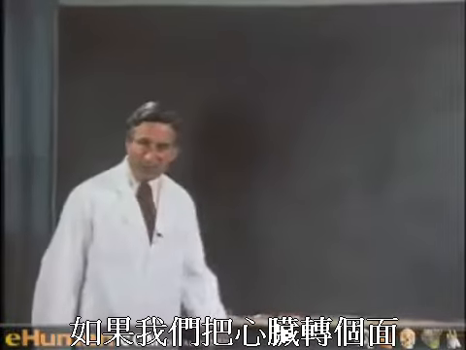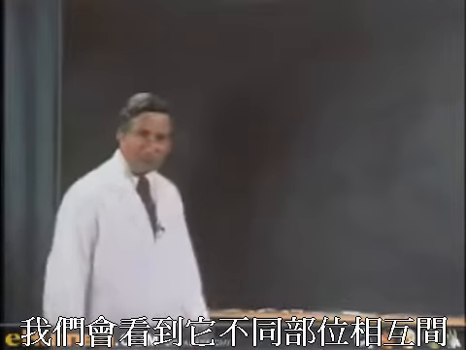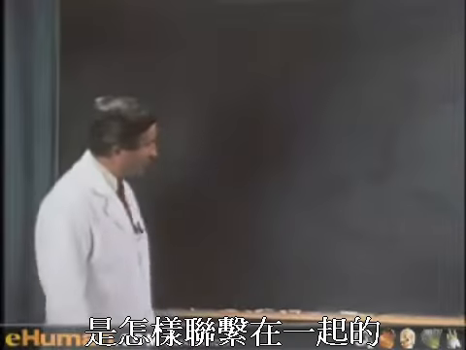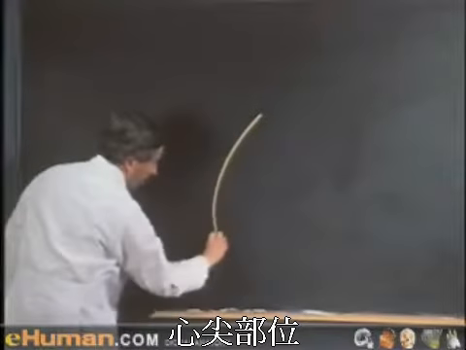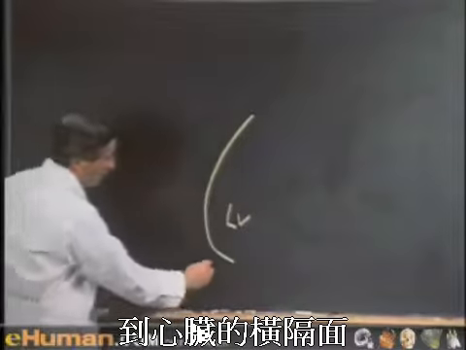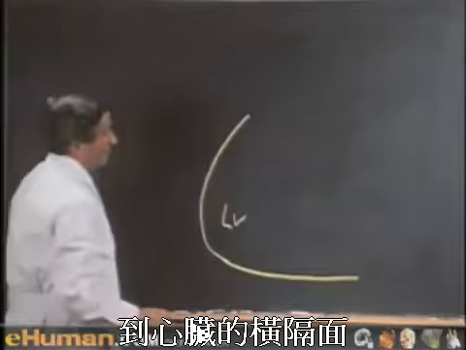If we turn the heart round and look at its posterior aspect, we can see the arrangement of the different parts of it relative to one another. For example, this will be the region of the apex of the heart. In other words, this is the back of the left ventricle coming round onto the diaphragmatic surface of the heart.